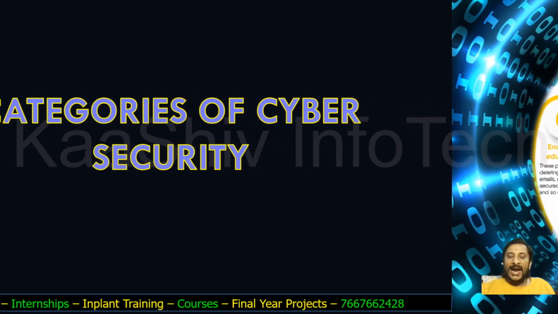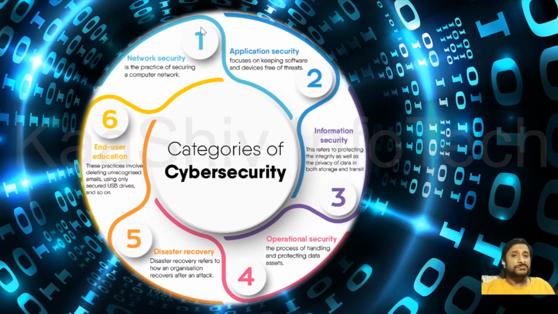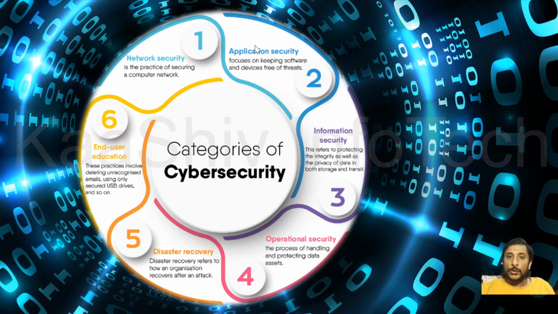We talk about the categories of cyber security. Application security: secure the application. Information security: secure the data. Operations: how the operations, everything is secured. Disaster recovery: if there is a problem, how I'm going to resolve it. End user education, training the people, and network security.